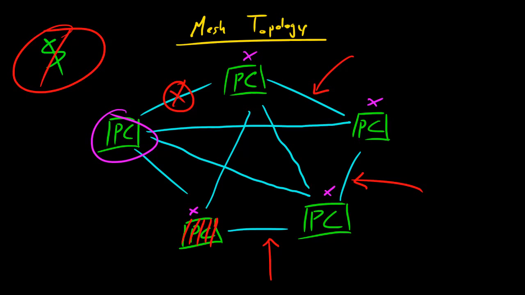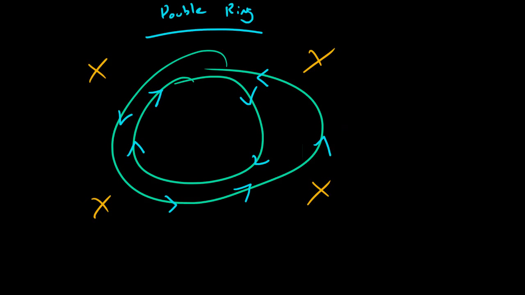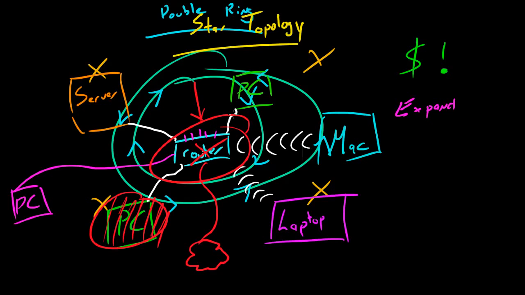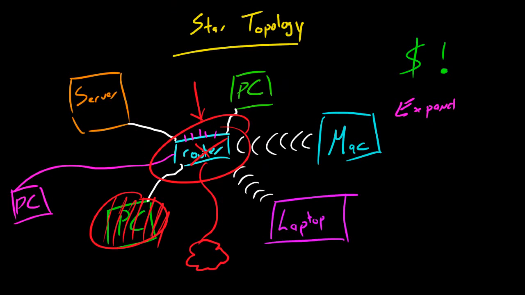Another thing is that, when I talked about NIC cards, let me see if I still have my star example. Like in this star example right here, this PC would only have to have a NIC card with one port in it because it only has one Ethernet cable going to one router.